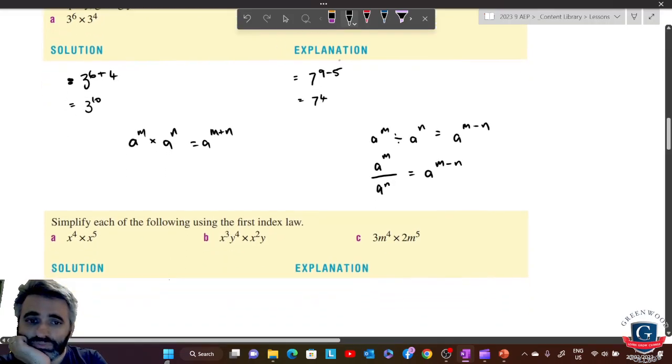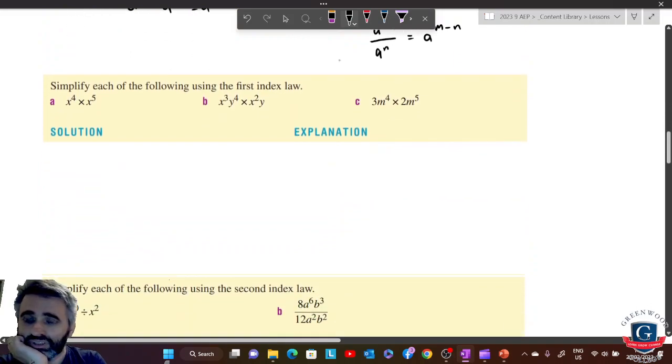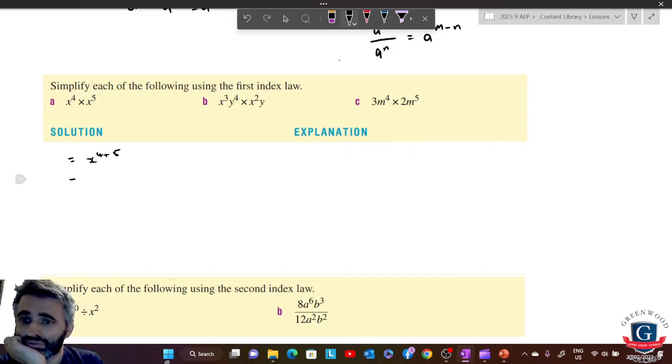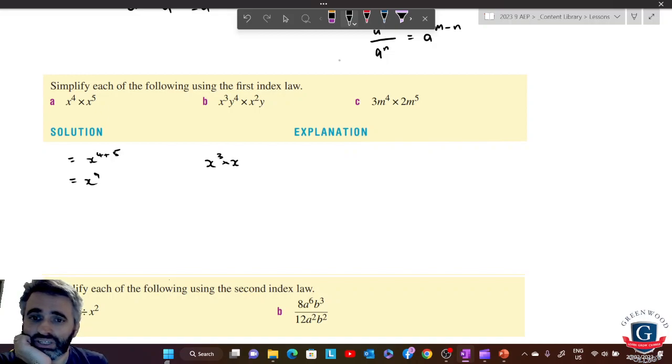Okay, so let's do some harder problems. Oh, this one isn't harder. This is just x to the 4 plus 5, which is x to the power of 9. And this one, we can regroup these. That'll be x to the 3 times x squared times y to the 4 times y to the 1.